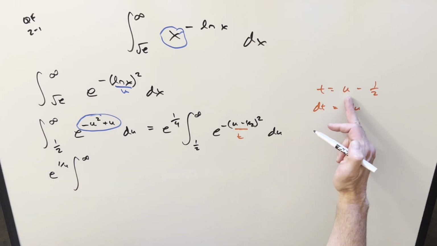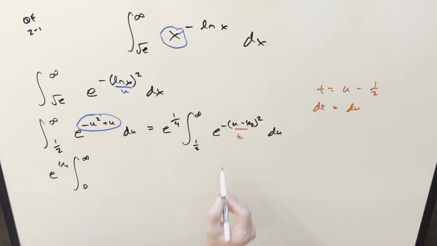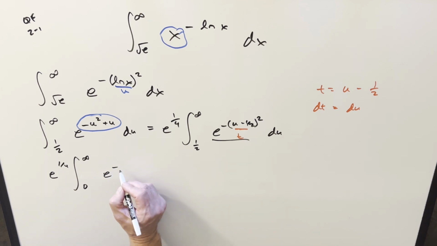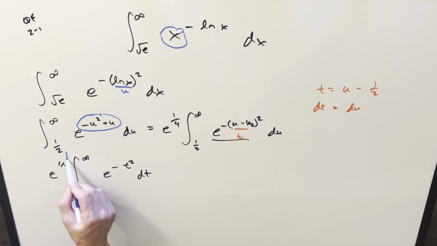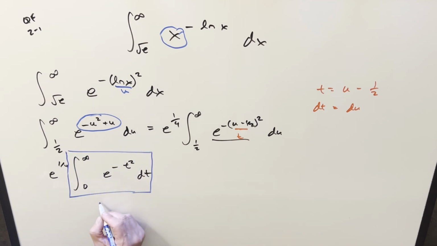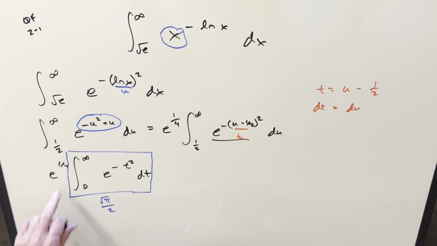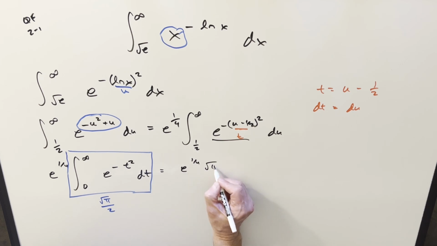You plug a half in here, half minus half, now we get 0. This piece right here cleans up to e^(minus t squared), du is dt. And that way, this whole integral is our Gaussian integral, and this is going to be square root of pi over 2. So multiplying it by e to the 1/4, we get e^(1/4) square root of pi over 2.